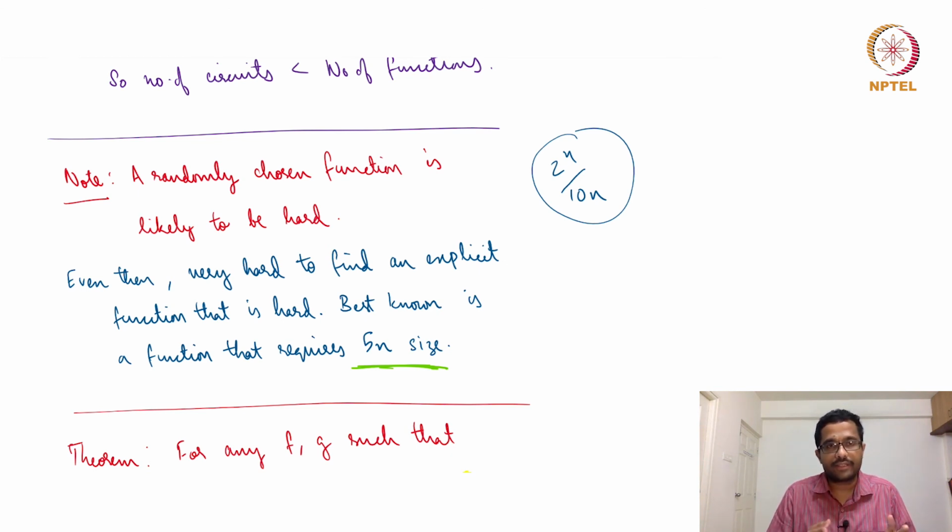But it has been an embarrassing situation. Almost all of the functions that we know can be computed by simple, small size circuits, and we do not know of an explicit function that requires this much size, far from it in fact.